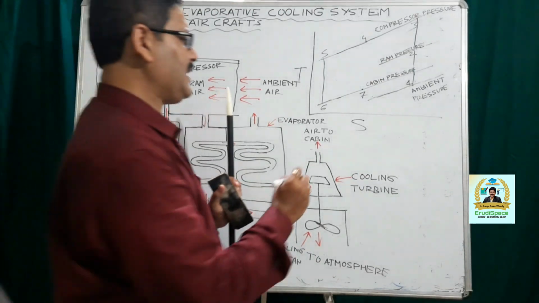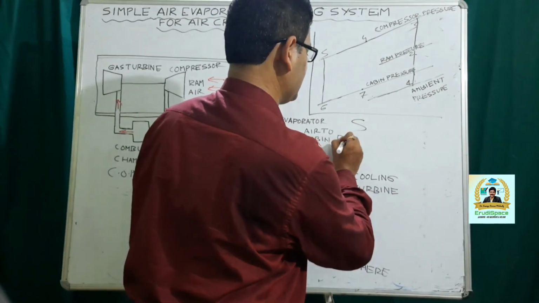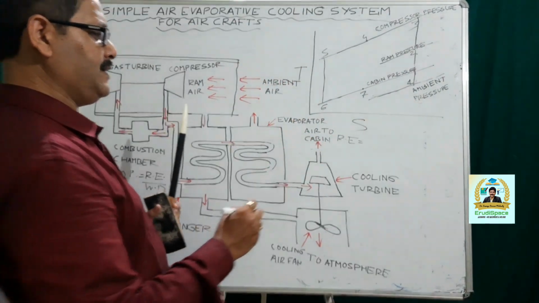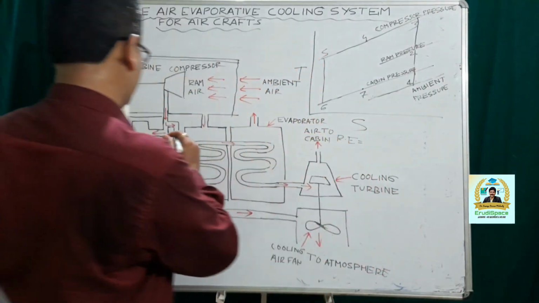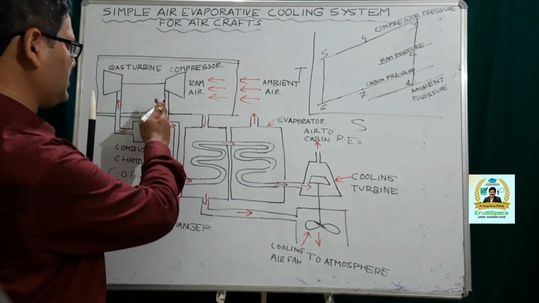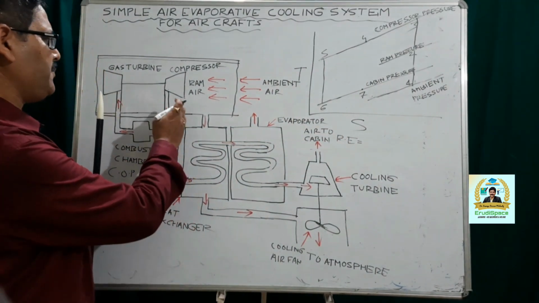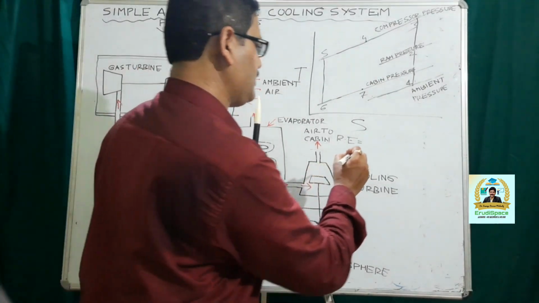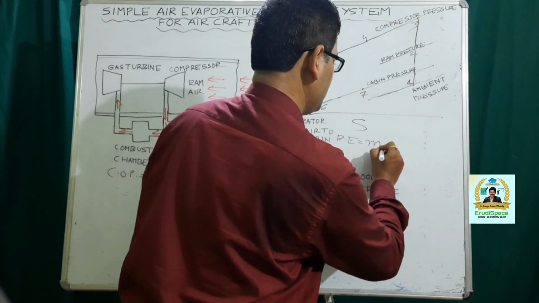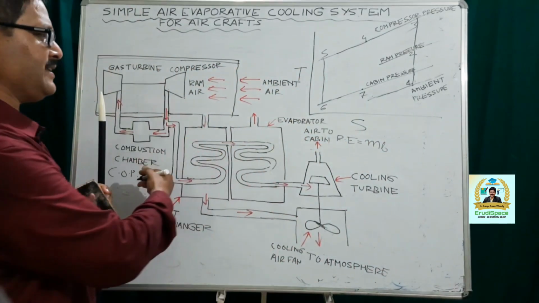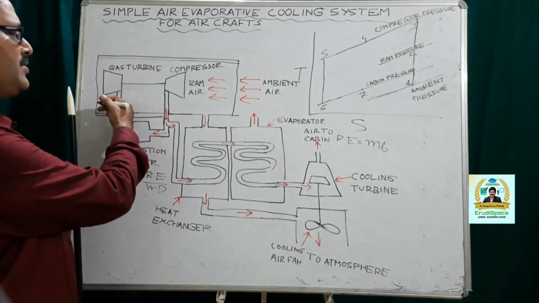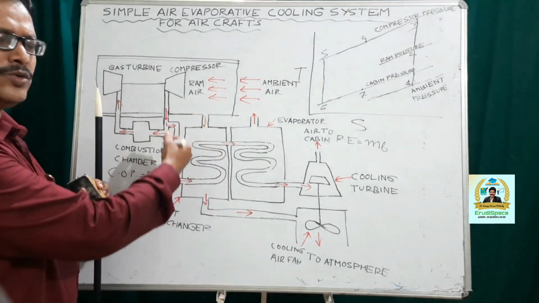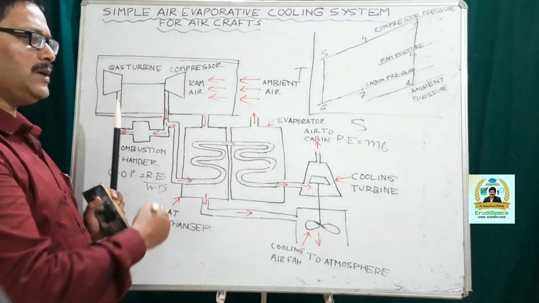Now, as far as the refrigerating effect is concerned, if the mass of air that is actually drawn from this compression is represented, you can call it MB, because we call it bled air. This portion of air is not sent to the combustion chamber, rather it is brought to the heat exchanger for cooling purpose.